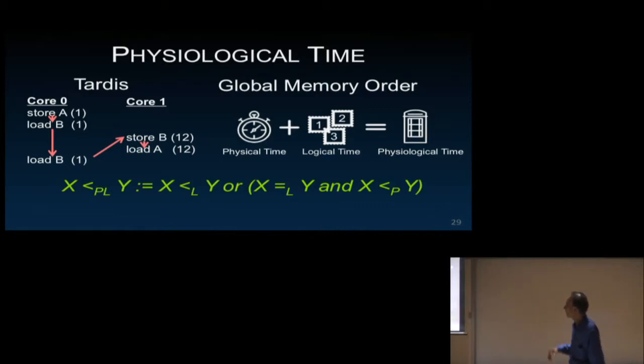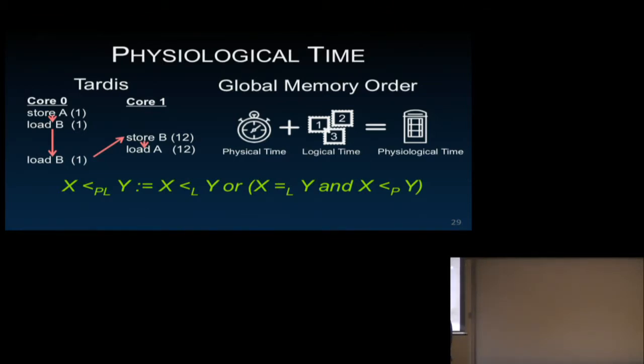Our equation here is pretty straightforward. Unlike Lamport clocks, you're allowed to have timestamps that are exactly the same. If we're all sitting in the same core, physical time would determine what our order was. But if we're in different cores, you can't make any requirements on the ordering of things that have the same timestamp outside of the same core.